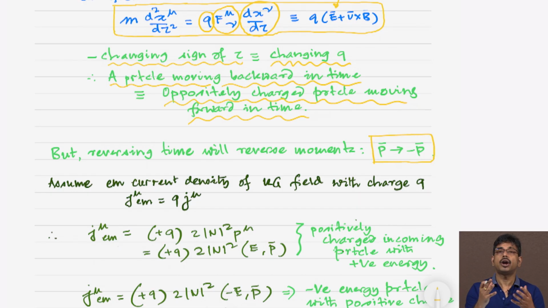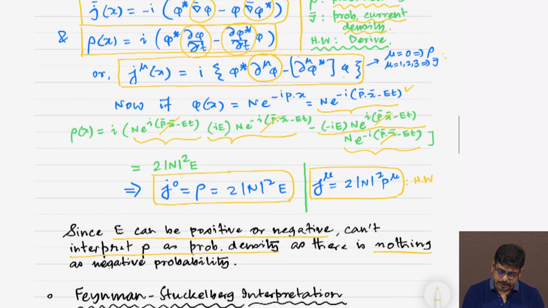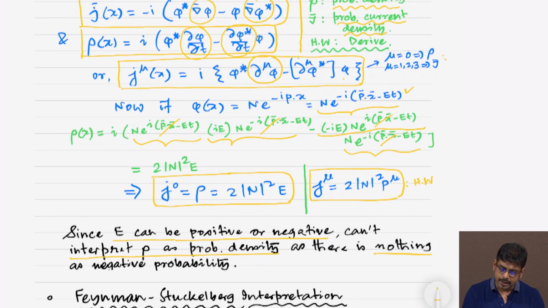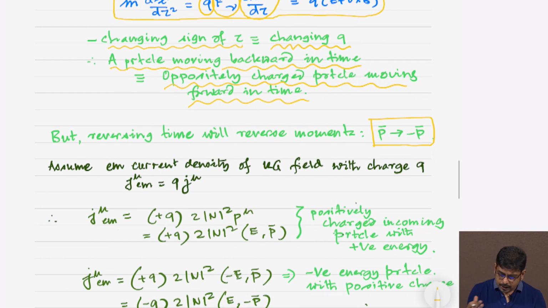Now, if I want to construct the electromagnetic 4-current that we actually did have, in that context, how exactly does it matter? We actually constructed a 4-current which takes the form j^μ equal to i(φ* ∂^μ φ minus ∂^μ φ* φ). But suppose this field φ, whatever the solution of the Klein-Gordon equation, actually has an electromagnetic interaction, then we assume that this must be multiplied by its electromagnetic charge q.